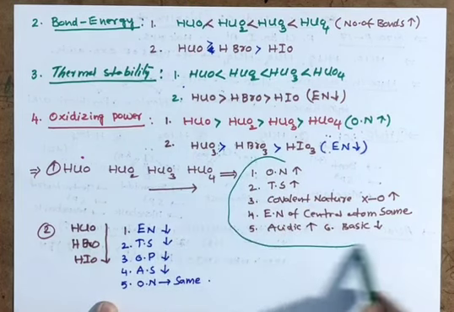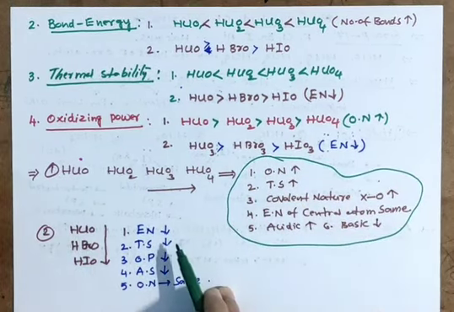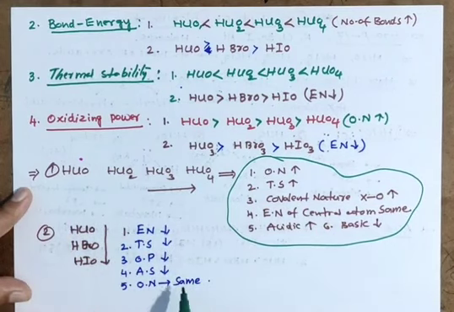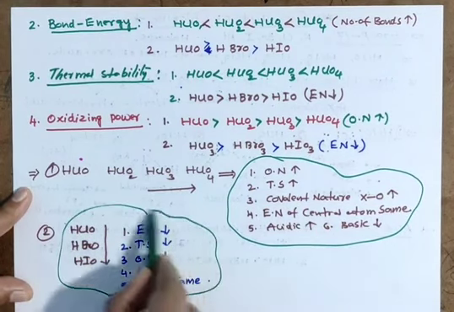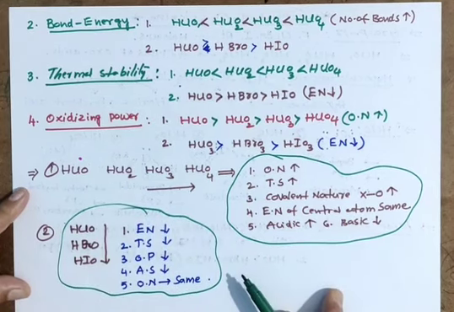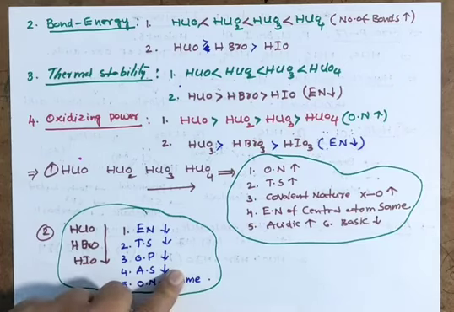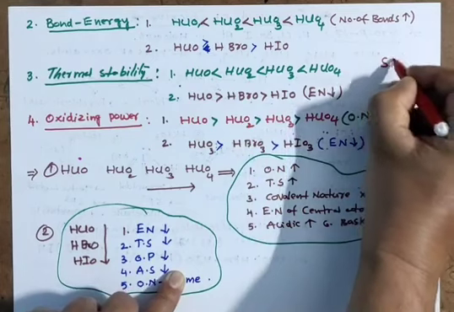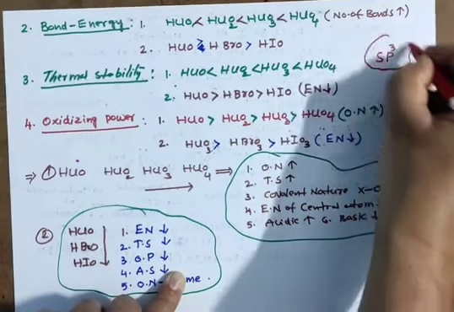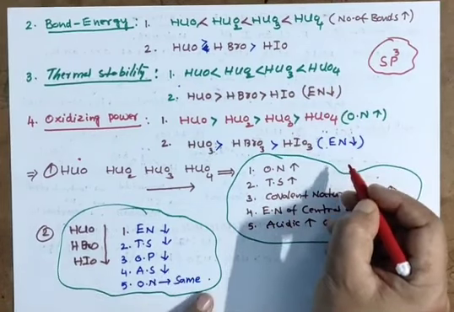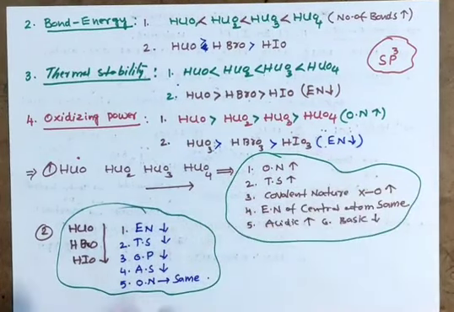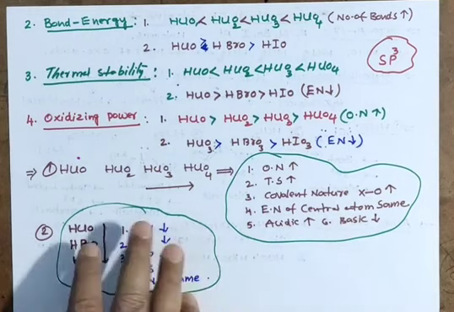And this table I have given, HClO to HClO4, and this table I have given down the group. If you remember them, then all properties are very easy. And here all are expressing the same hybridization. HClO, HClO2, HClO3, HClO4, all are sp3 hybridized.